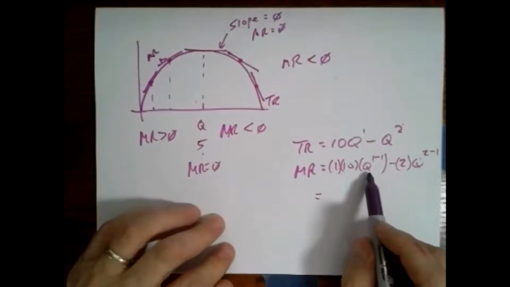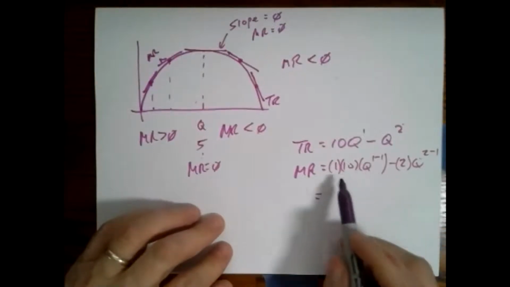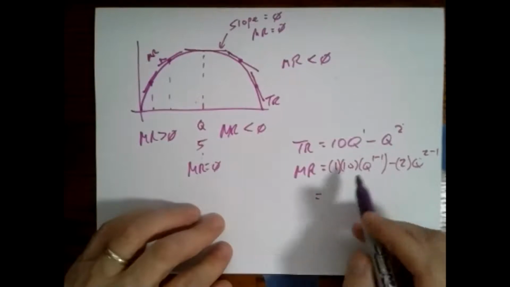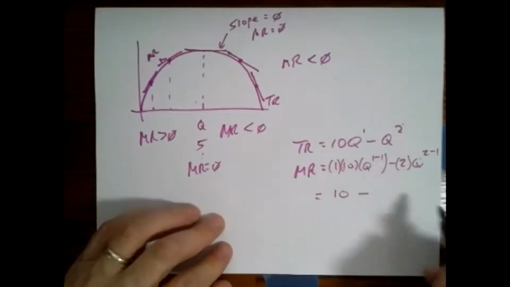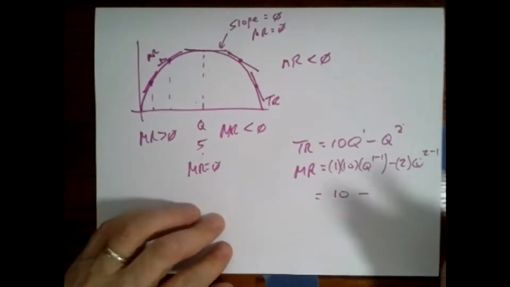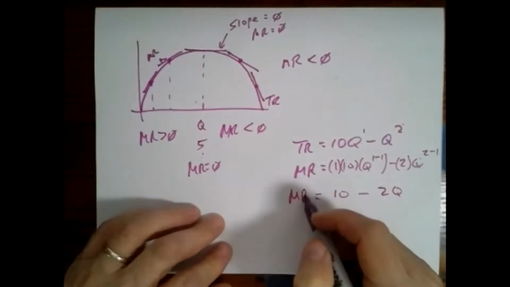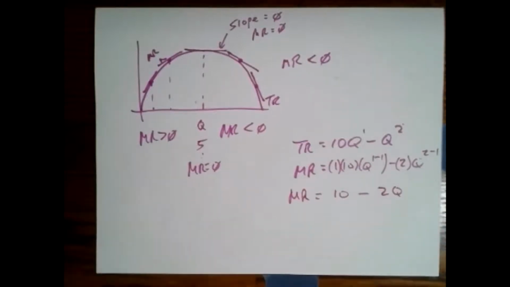So Q to the 1 minus 1 is Q to the 0. Anything to the 0 is 1. So we really have 1 times 10 times 1. So that's just 10. Q to the 2 minus 1 is Q to the 1. So anything to the first power is just itself. So we really just have 2Q. So MR equals 10 minus 2Q.